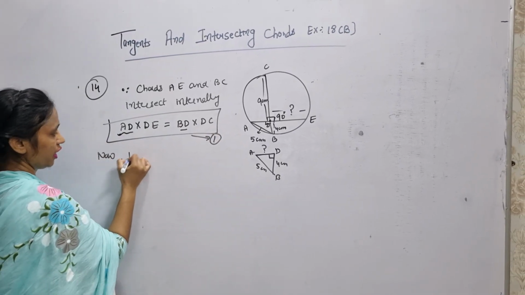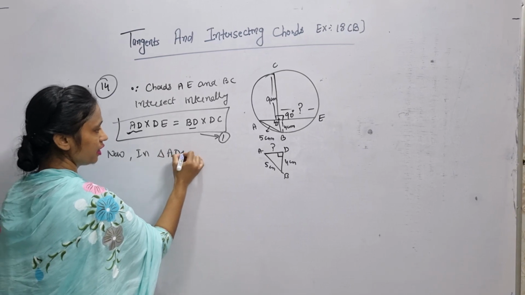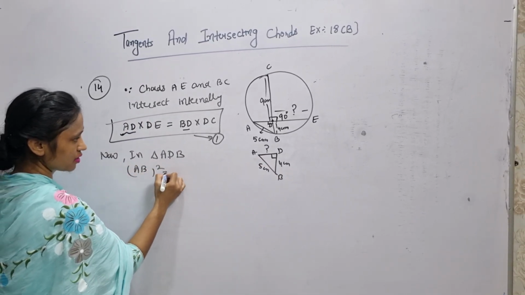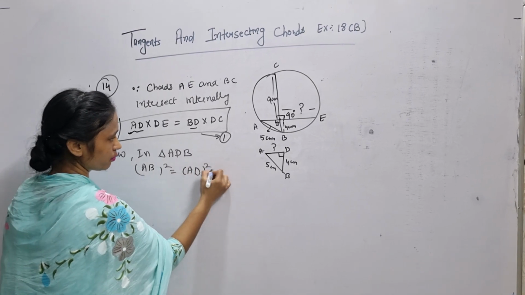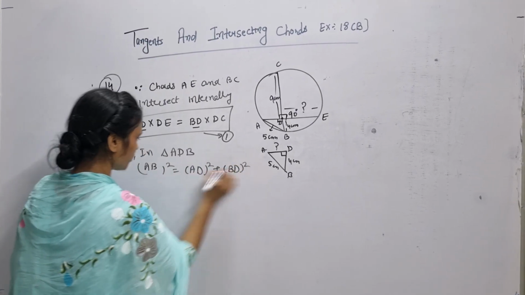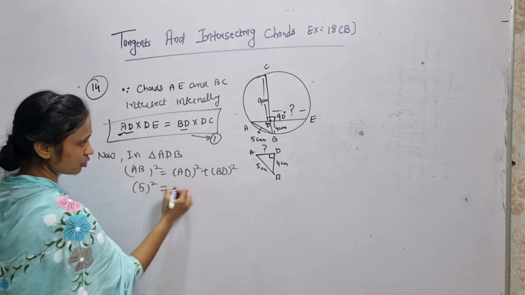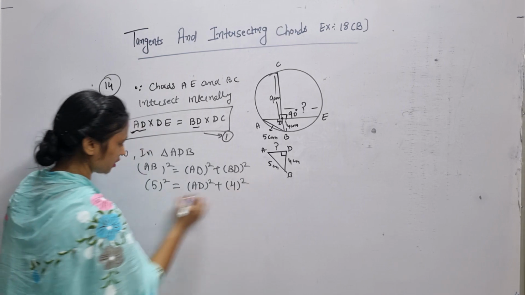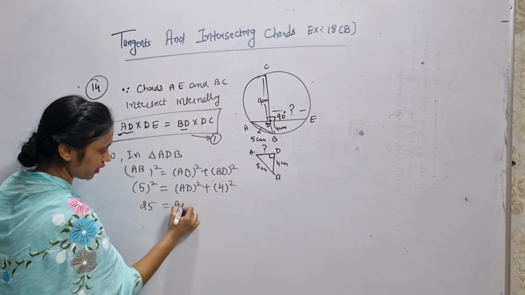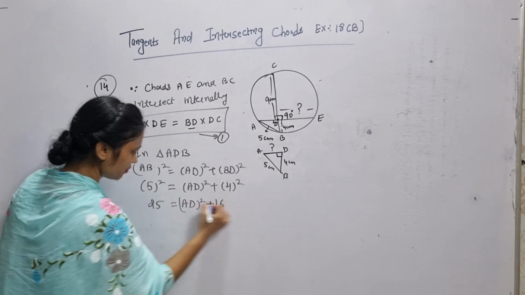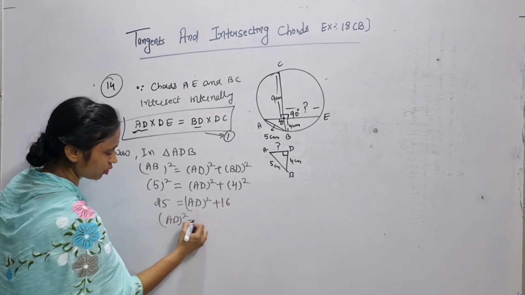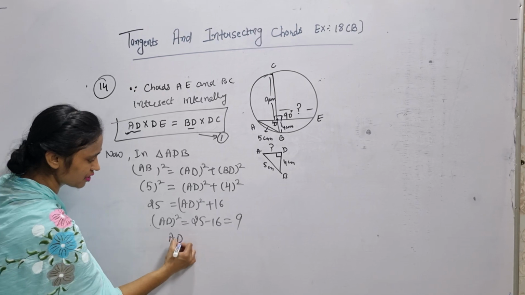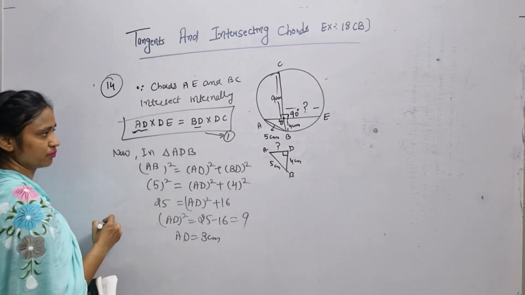Now in triangle ADB, hypotenuse square, that means AB square, is equal to base square plus perpendicular square, means 5 square is equal to AD square plus 4 square, that means 25 is equal to AD square plus 16. AD square will be equal to 25 minus 16, that is 9, means AD is equal to 3 centimeter.